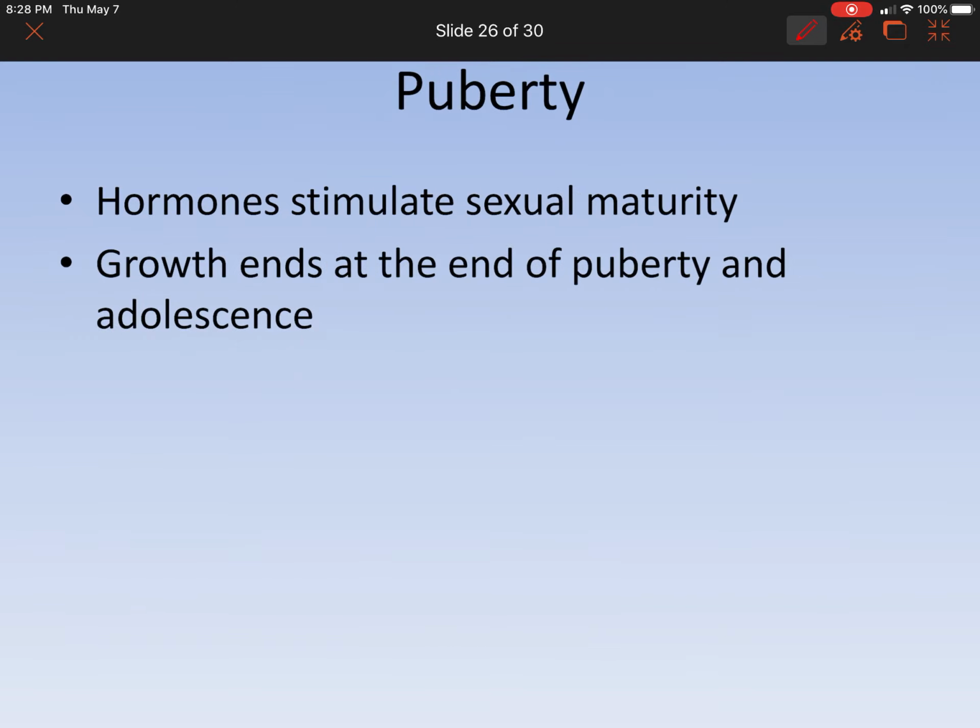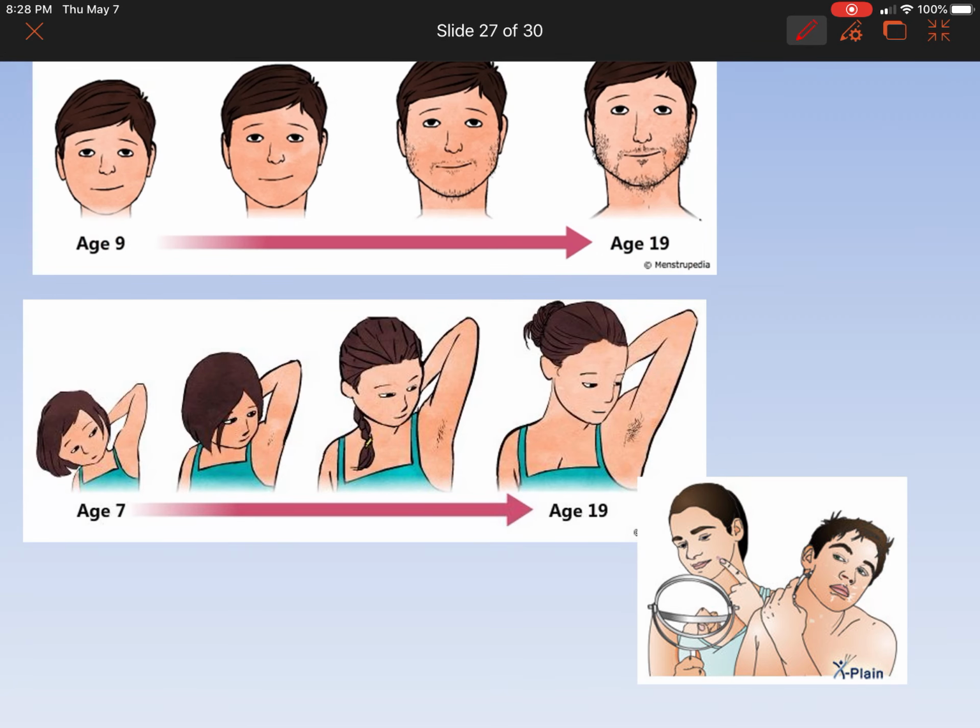Next, we go into puberty. This is when hormones are going to stimulate sexual maturity. Growth ends at the end of puberty and adolescence. So we've got generally how males and females will advance through puberty. We've got the males here where you see the facial hair being developed. Females, you'll get body hair as well, so hairs around the genitals, under your arms.